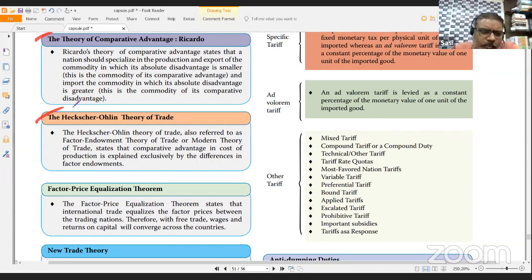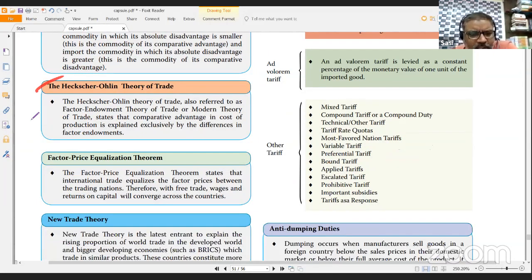And there is MTT, or the modern theory of trade, where they say that because of differences in factor endowments like capital, labor and other resources, cost advantages will emerge, which is reality. Countries with the highest capital, the capital abundant countries, will be manufacturing goods which are capital intensive, like electronic equipment.